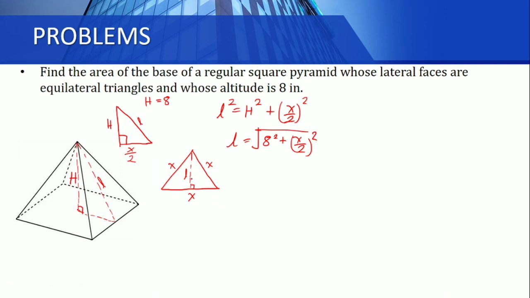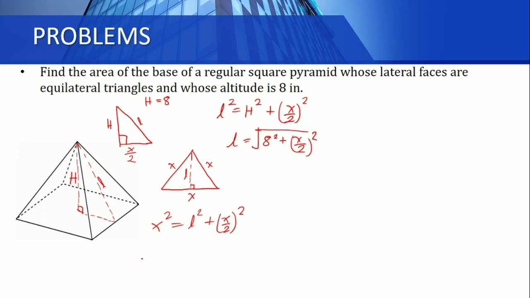So dito naman tayo sa ating faces ng ating pyramid or yung mga triangles niya. So equilateral triangle 'to. So yung L, para makuha natin yung L, so that will be x squared is equal to yung L squared plus yung x over 2 squared. So ilipat natin yung L squared doon sa kabila at ito ilipat natin.